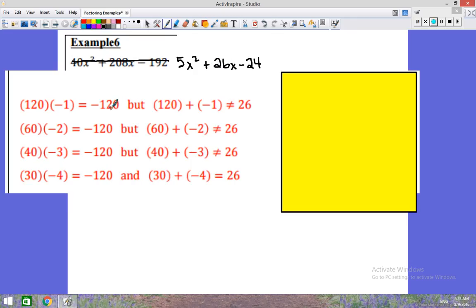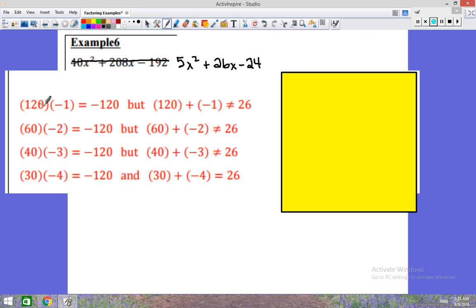So if I just forget about the variables for a moment and just look at the numerical values, I'm going to start with multiplying two numbers together that will give me the negative 120. And so I know that one value is going to be positive, one's going to be negative. I let the smaller number be negative, because with the last term being negative and the middle term being positive, I know the one that's larger in magnitude will be the positive number.